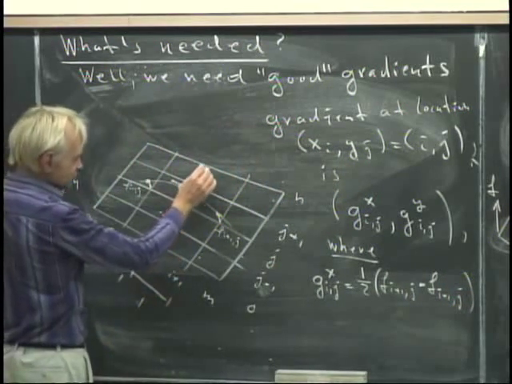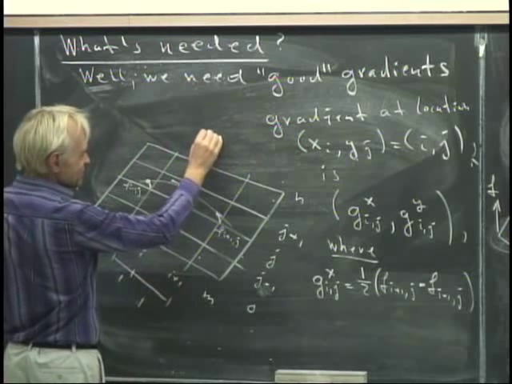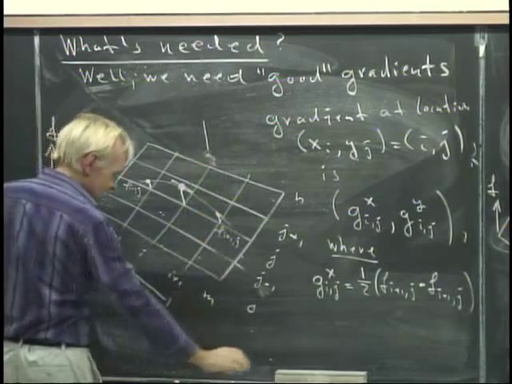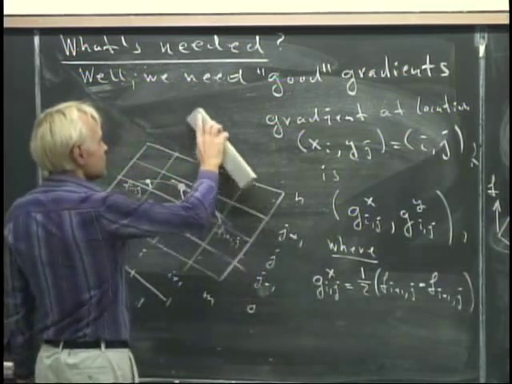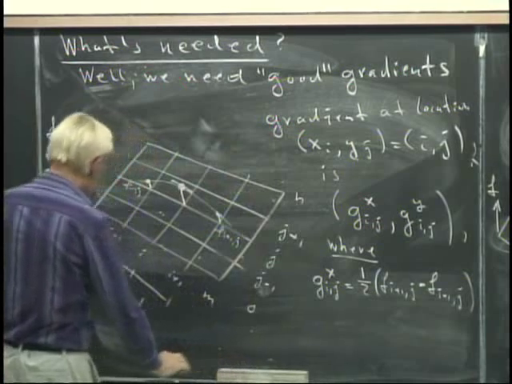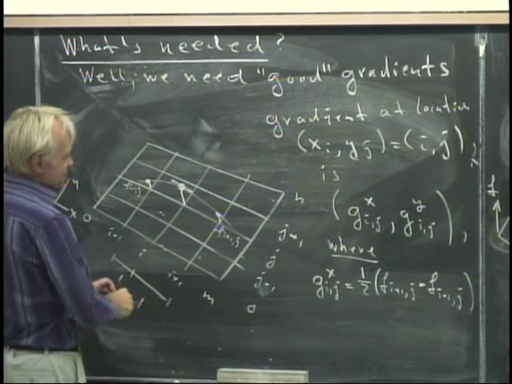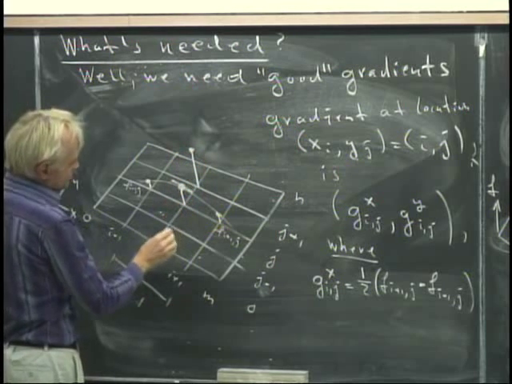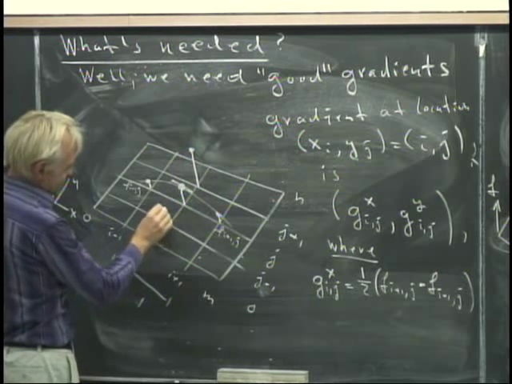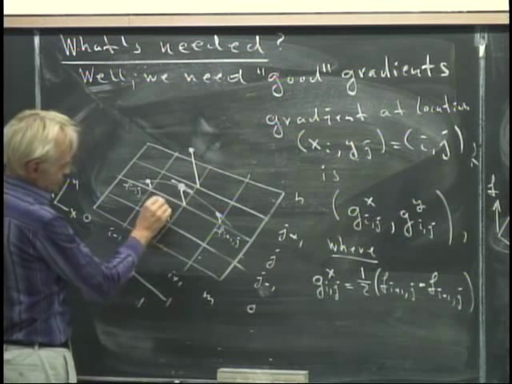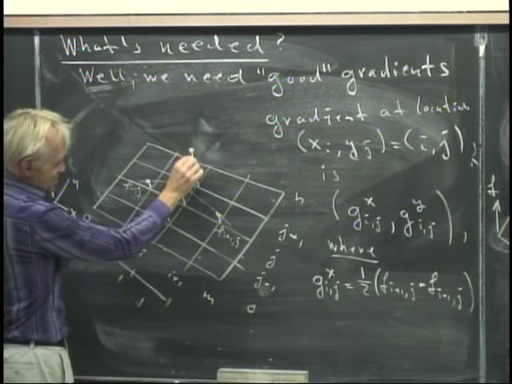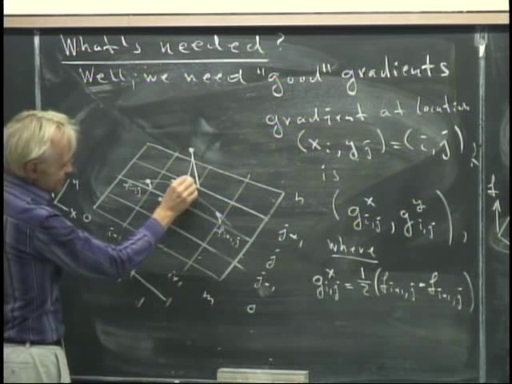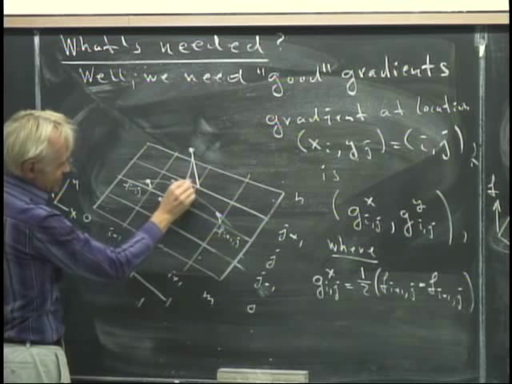Second component, I would consider this neighbor and this neighbor, say. Again, my eye sees this behavior there, and then my eye differentiates this to get that slope.